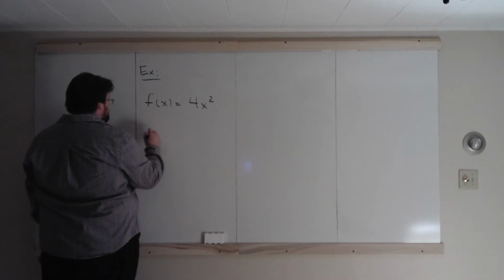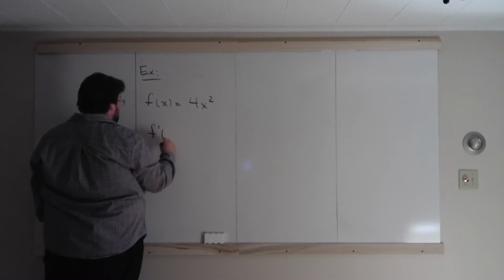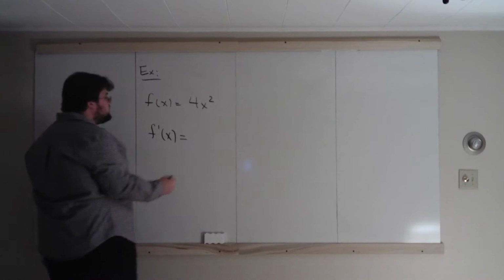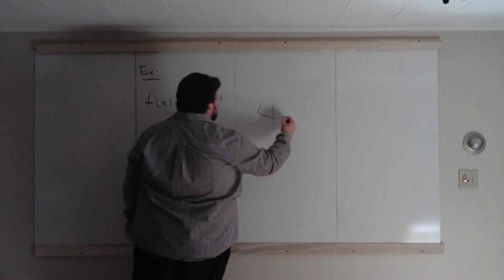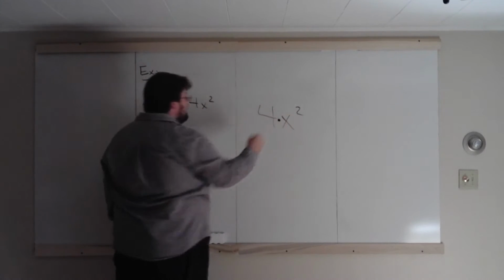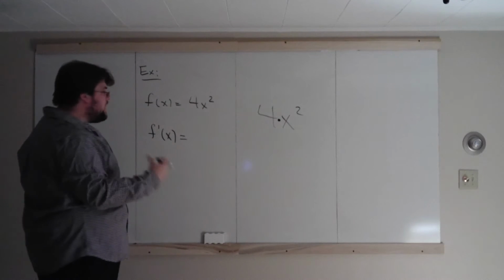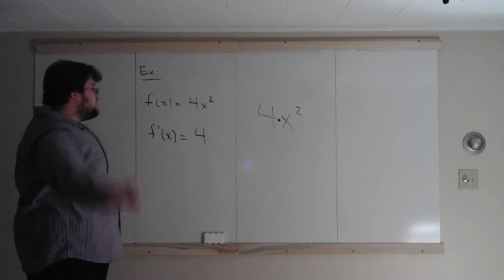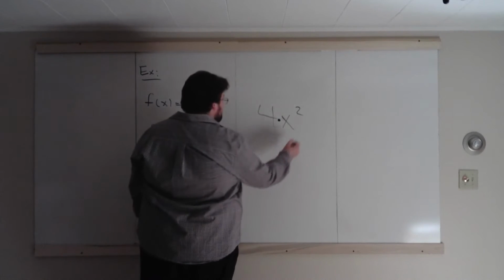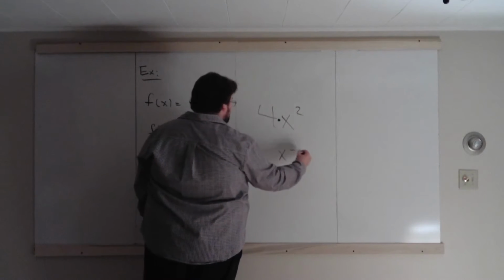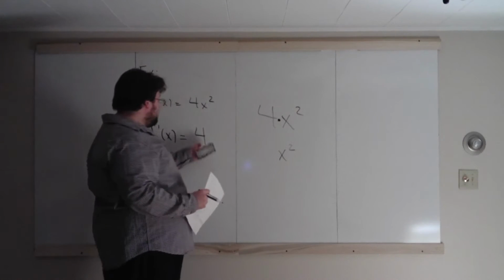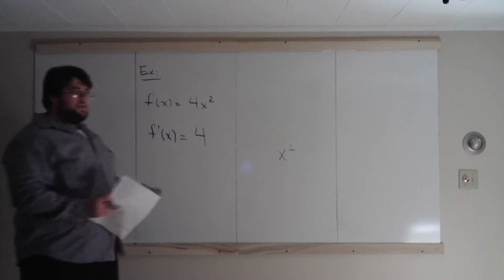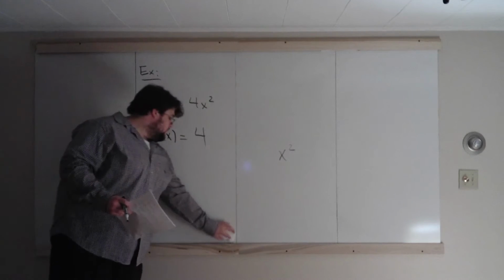Well, how can we do this? Well, we have 4 times x squared. The third rule said that we could pull the constant out front. So let's just leave the 4 there. If you leave the 4 there, then all you have to deal with is the x squared part. Well, we already dealt with the 4, so let's just get rid of the 4. And now we need the derivative of x squared.